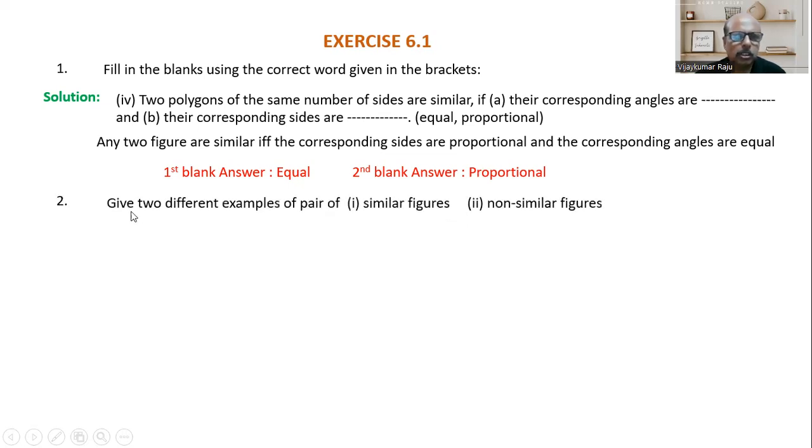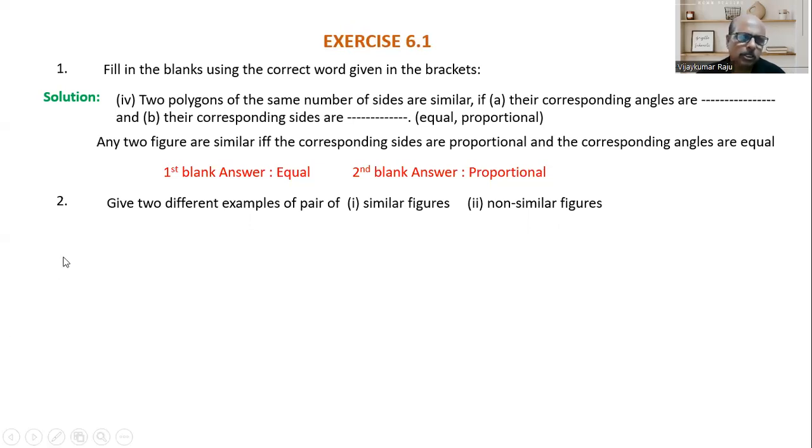What is this question 2? Give different examples of a pair of similar figures and non-similar figures. Okay, we'll give 2 examples. So let's take not just regular figures like a square, rectangle, triangle, parallelogram, rhombus, etc. Let's take some different figures.